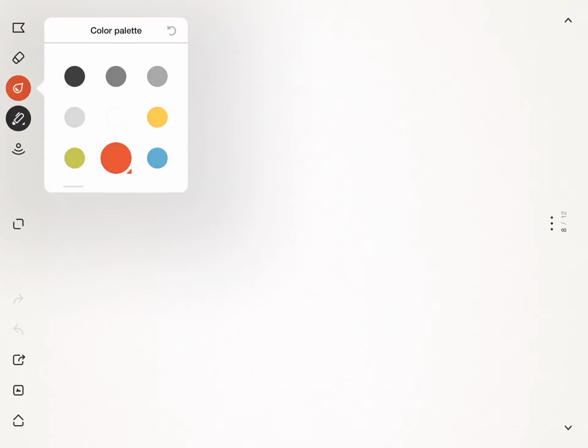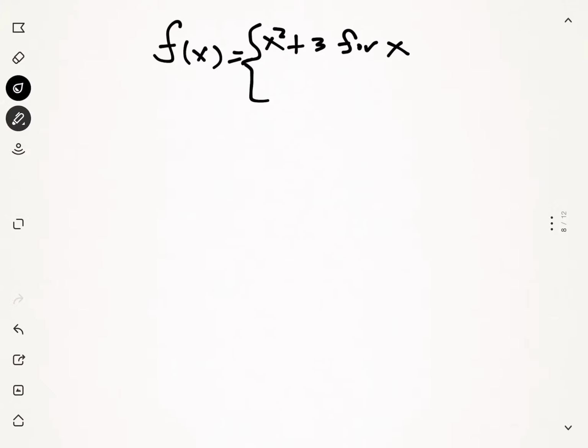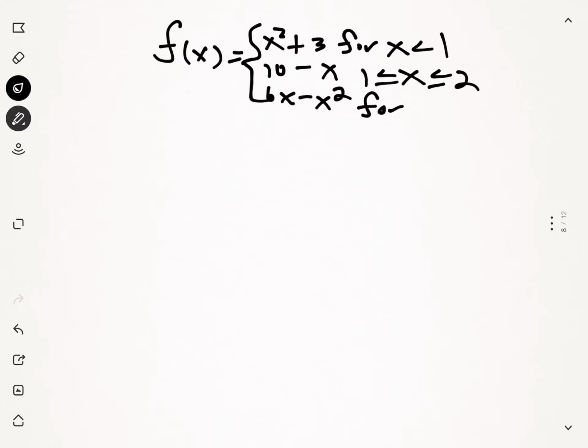Now, suppose I gave you a function defined as a piecewise function. So f of x equals x squared plus 3, and that's for x is less than 1, 10 minus x, and that's for x is greater than 2.